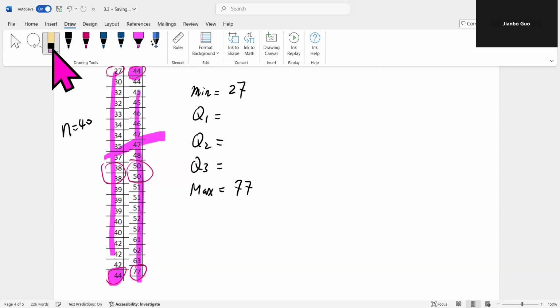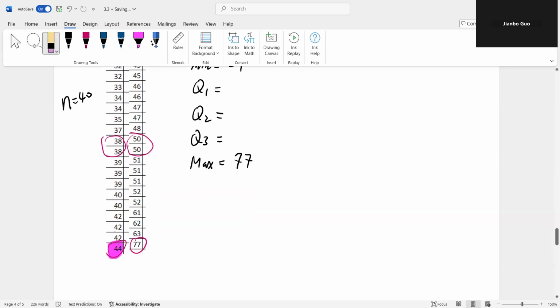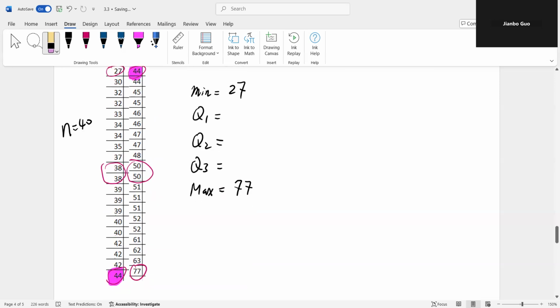I don't really want to put the 40 values in one big line, so I put them separately in 2 different lines. And as you can see, the 2 values in the middle are 44 and 44.